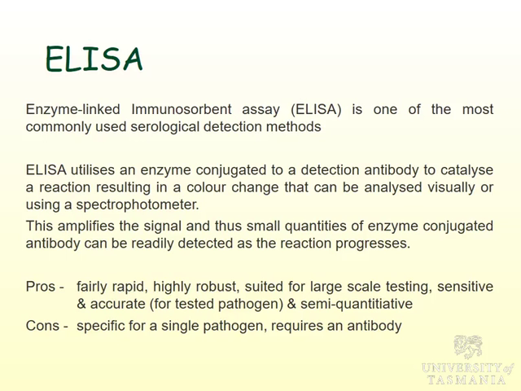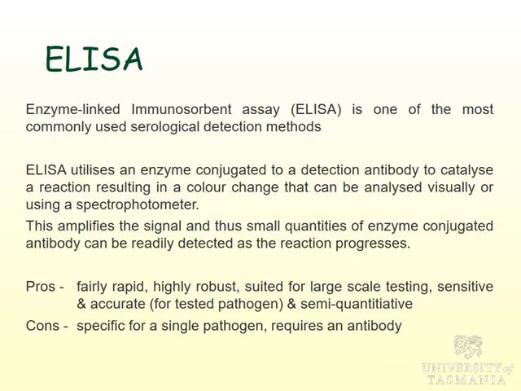So it's an amplified reaction. It uses that specific capacity of an antibody to bind to and recognize the pathogen, but it has an enzyme conjugated or bound to that antibody, and then we detect the enzyme in an enzymatic reaction that changes colour.